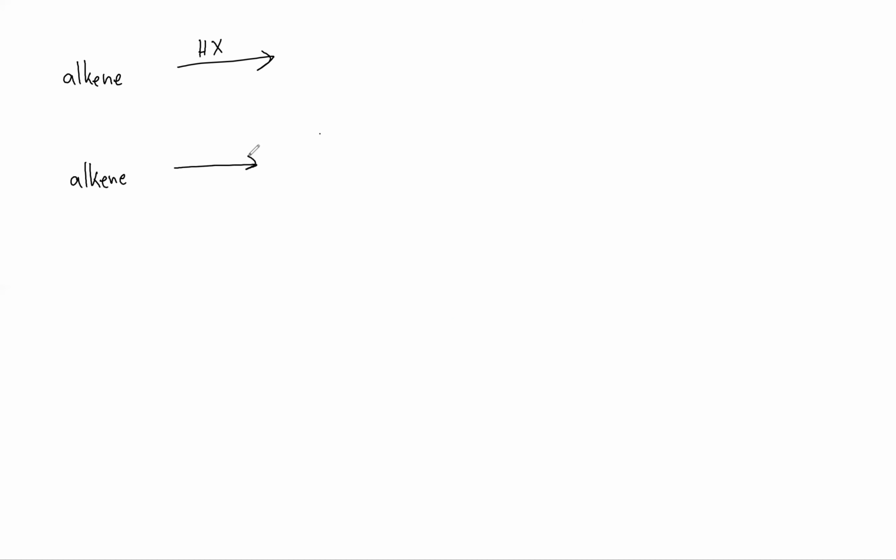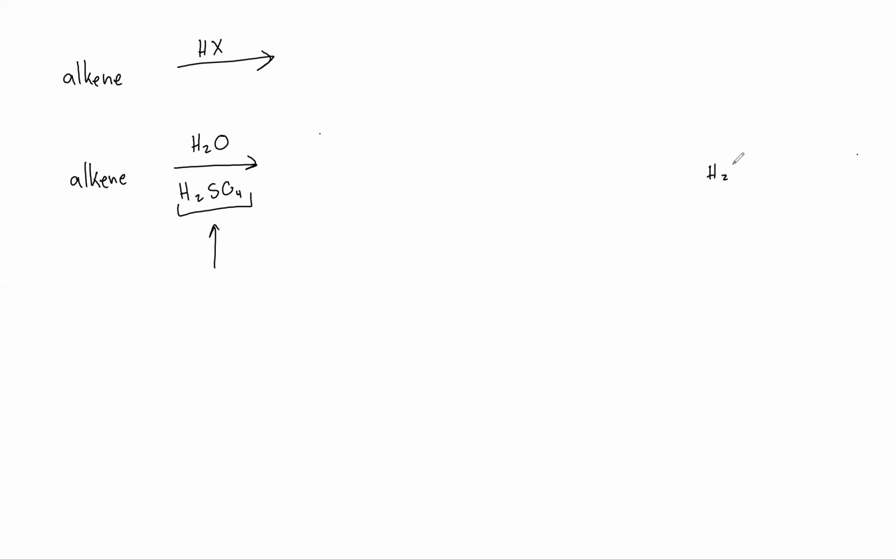As far as hydration using an acid, we're going to put H2O on top of the arrow. Why? Because that is what's mostly going to be reacting with the alkene. We're going to put our acid on the bottom. For example, you might see H2SO4 on the bottom because the H2SO4, our acid, is known as an acid catalyst, because we start with our acid and we should also end with our acid.